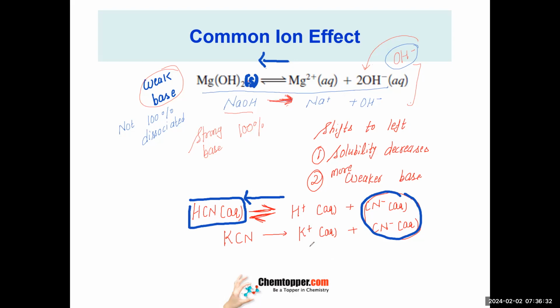Aditi, Ariba, and Azuni, you three are wrong. Lisa is right. It's going in the undissociated direction. Undissociated means less dissociation. Dissociation is decreasing. Equilibrium is shifting to the left. Less dissociation means your acid is becoming more weaker acid.